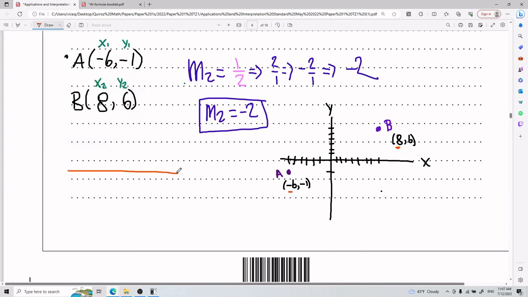If I make a number line and put this -6 here and this 8 way over there, and put everything in between, I'm going to see that I have -5, -4, -3, -2, -1, 0, 1, 2, 3, 4, 5, 6, 7, 8.